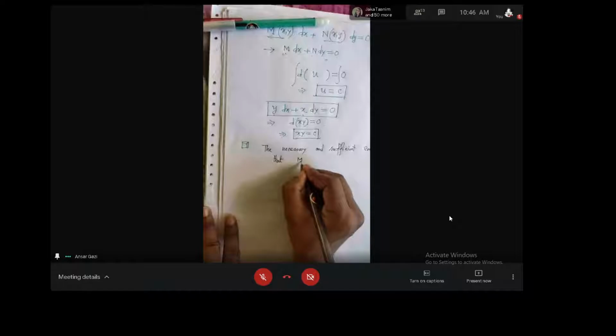It is exact if del M del y equals del N del x. If this condition holds, that is, the partial derivative of M with respect to y and the partial derivative of N with respect to x are equal, then we can say that this is exact.